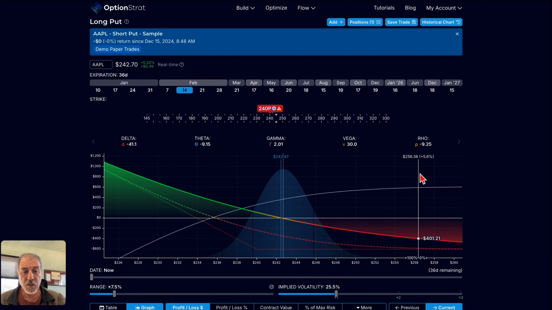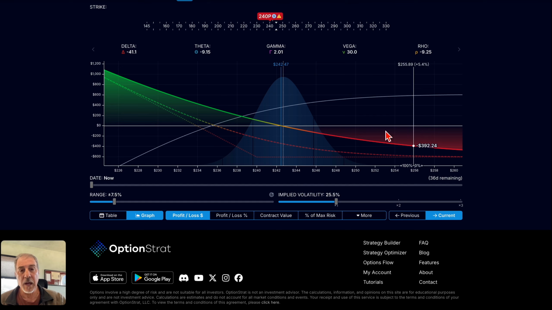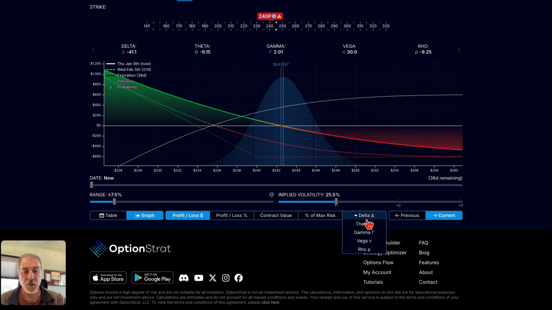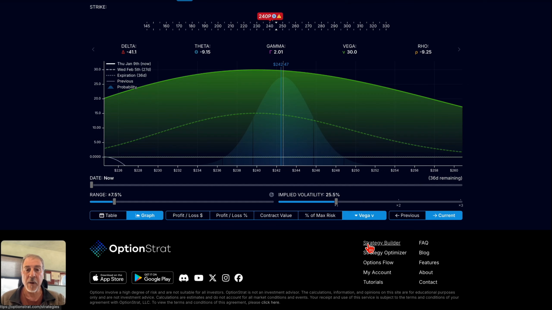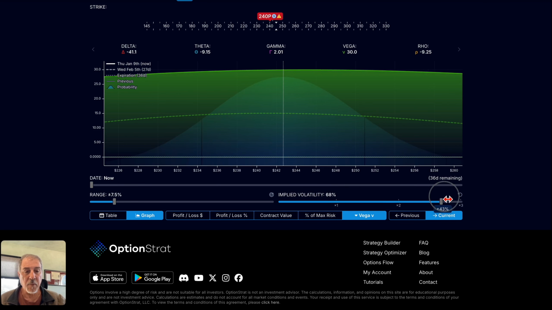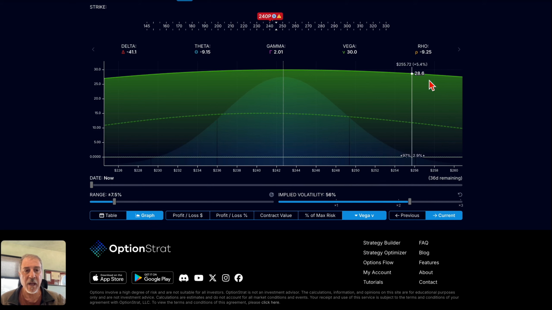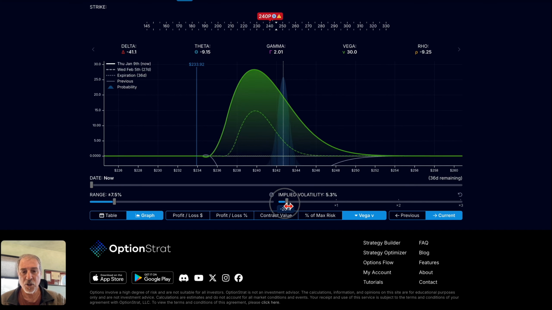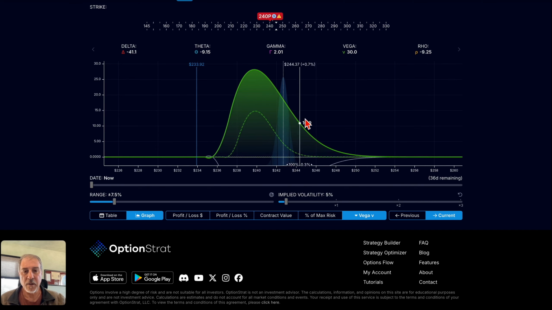We can also, unique to the software here, specifically model Vega as well in OptionStrat, and I can see how as implied volatility increases, my Vega widens out in a much, much wider pattern. If volatility shrinks, if I'm on the outer edges here, if my strikes are in these outer areas, that's where I'm going to gain value in that short position.